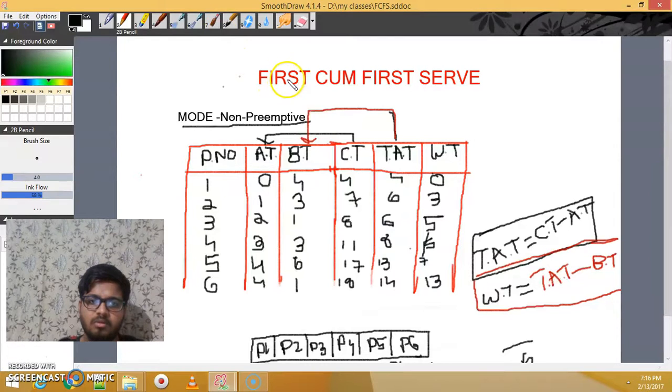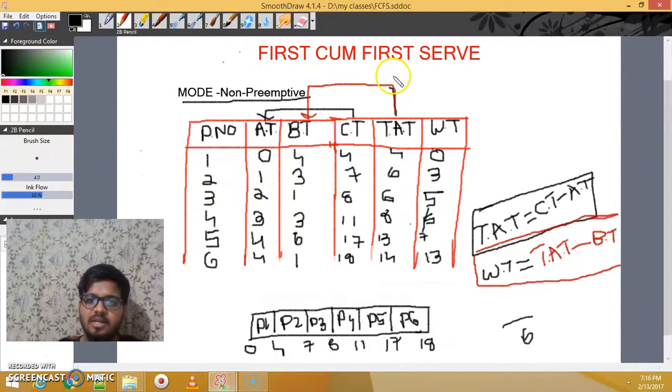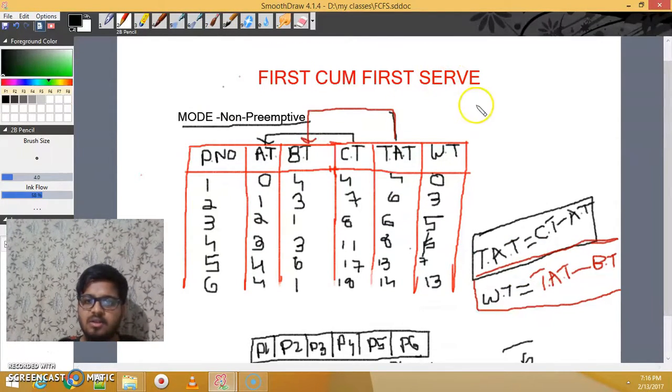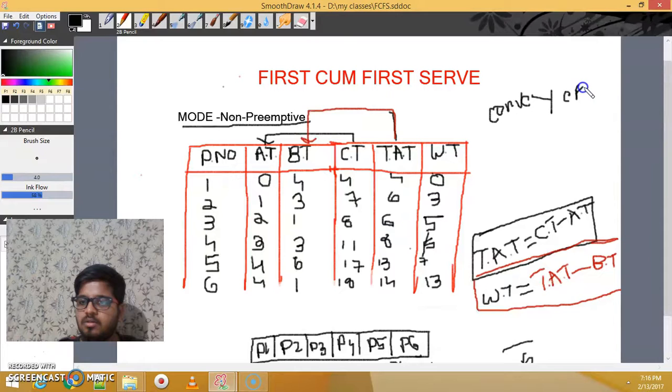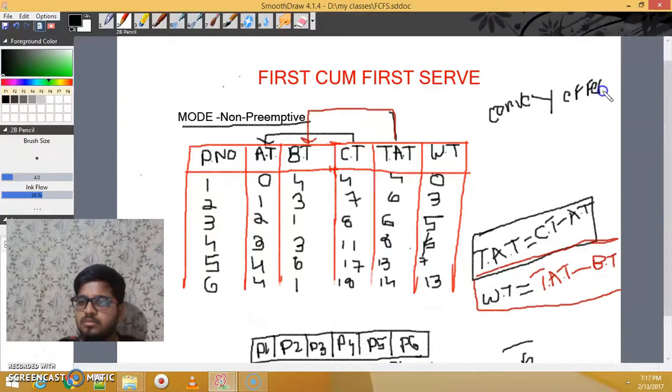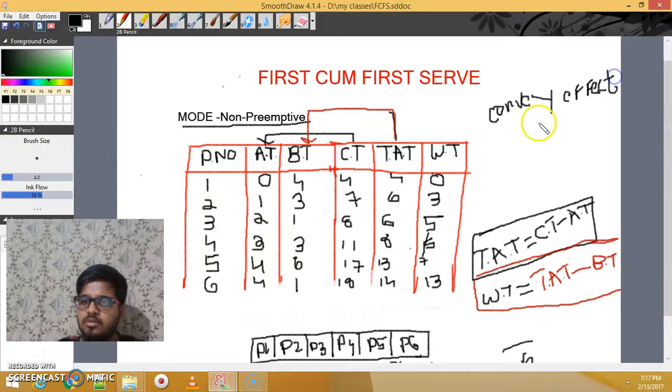One important thing is the drawback of first come first serve is the convoy effect.